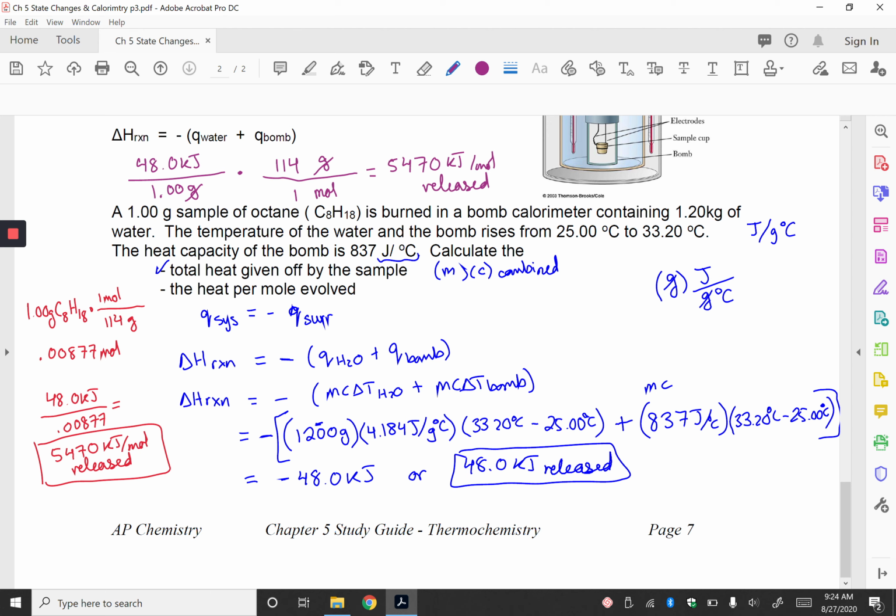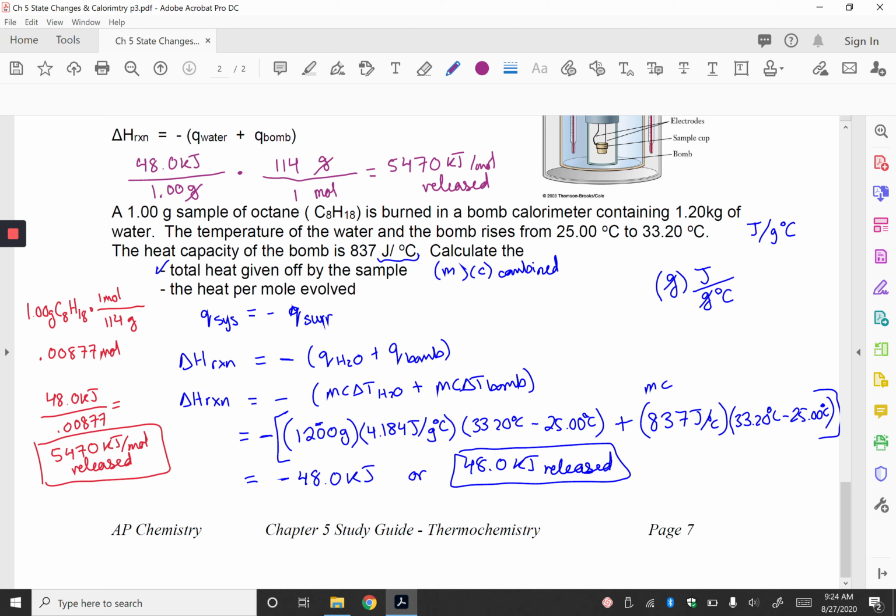Now, one more thing I want to mention is the difference between just kilojoules versus kilojoules per mole. Let's say I ask you to do this reaction in the lab, and you all use different masses. So one of you uses 1 gram, the other one uses 1.5 grams, somebody else uses 1.2 grams. Because you're using different amounts, your temperature change is going to be different, and your delta H at the end will be different.